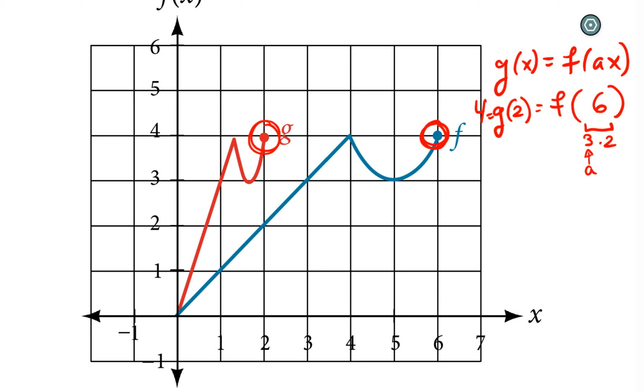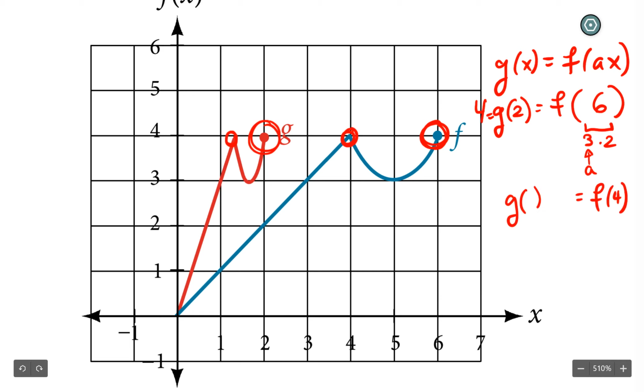Let's see if that makes sense. For example, this point here seems to correspond to this one. This is f of 4, and f of 4 is 4. What would be the corresponding x for g that generates f of 4?